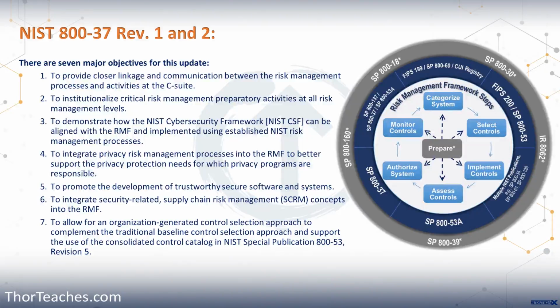The first one provides a closer linkage and communication between risk management processes and the C-suite, or the governance level of our organization, and the individual processes and the activities at the system and operational level of the organization, meaning senior management supports the initiative, we have full buy-in into the processes, and there is that two-way communication that we need to ensure that what we do is the right thing to do, and we then improve our risk management process by having it across the entire enterprise, which should hopefully make it more efficient and more effective.